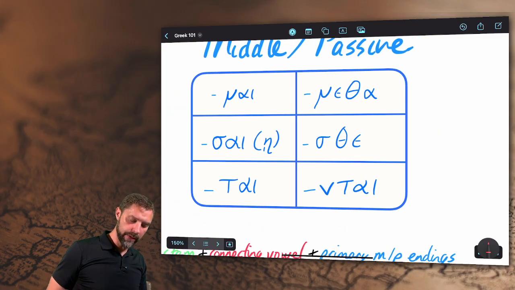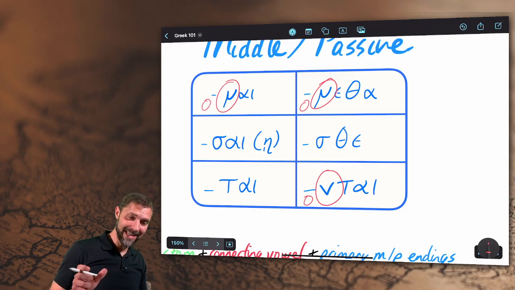And if I just run down these endings, I've got omai, this is not a mu or a nu, that's not, okay, I've got ometha, and I've got ontai. And so if I just go down those, circle them again, sorry, then this one will use an omai, ometha, ontai. Okay, so if the ending begins with a mu or a nu, mai, metha, ntai, mu or nu, put an omicron.